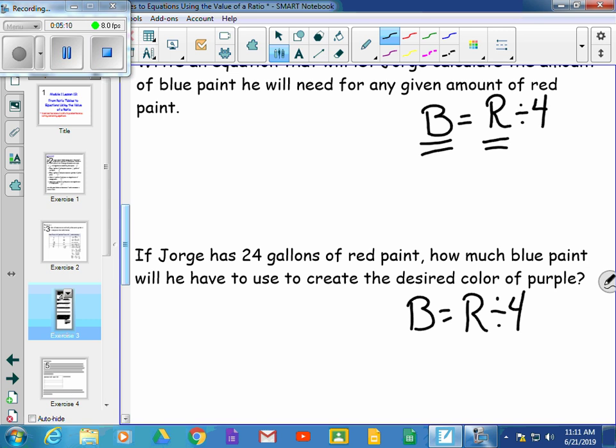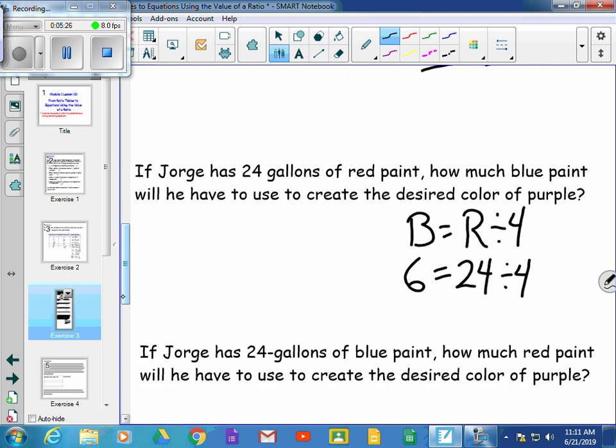We're given 24 gallons of red, so I'm going to do something called substitution. I'm going to substitute 24 for R. Then I'm going to divide that by 4. 24 divided by 4 is 6. That means Jorge will have to mix 6 gallons of blue with 24 gallons of red.